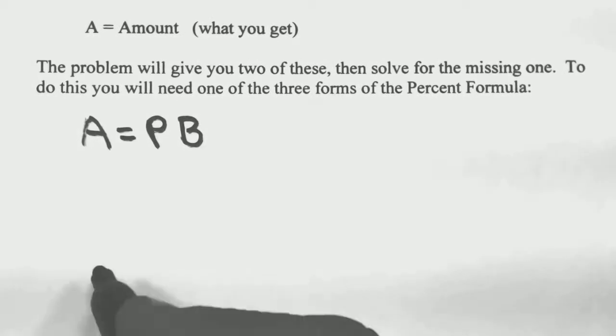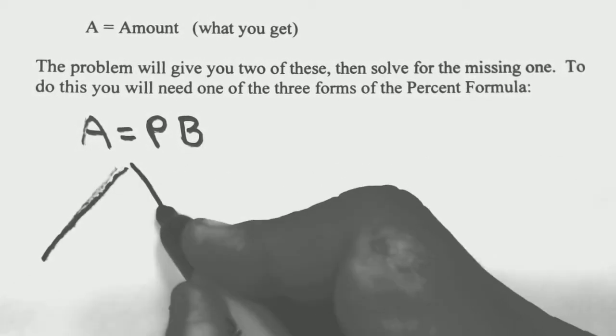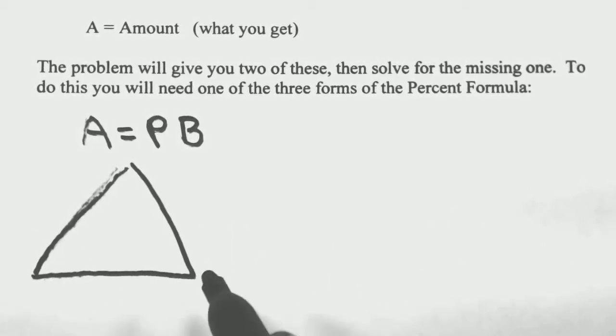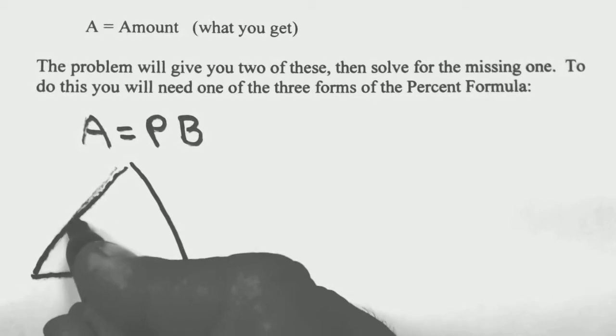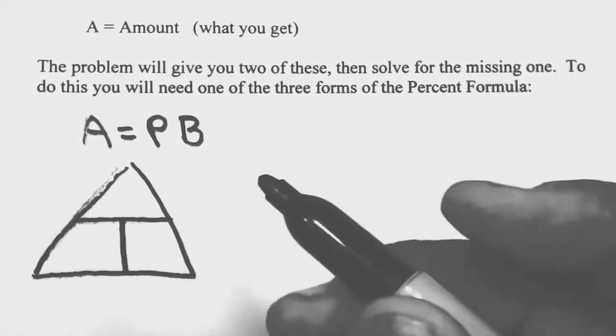Now, if you remember that, you can make yourself a triangle. That's what I'm going to do right here. Here comes our triangle, and you put a T in the middle of it. That divides it up into three parts.